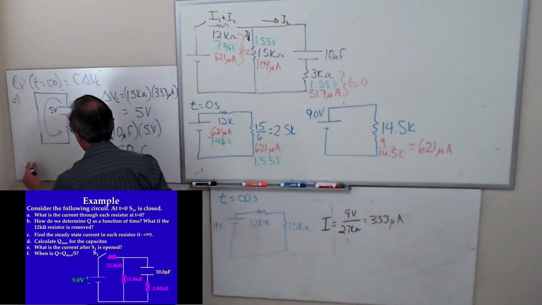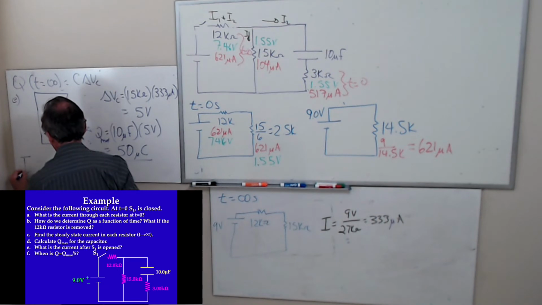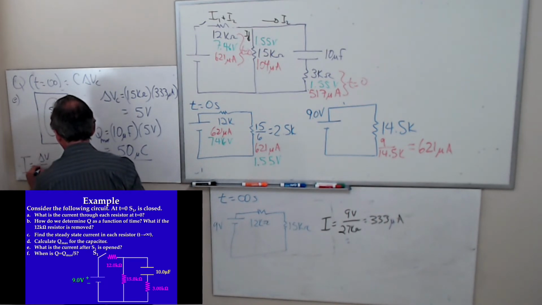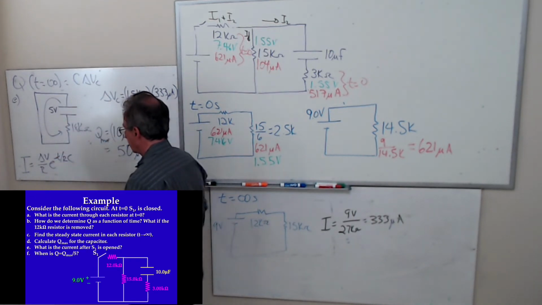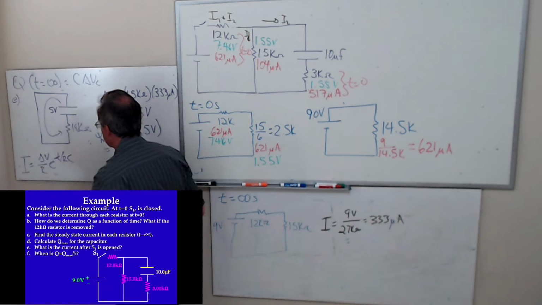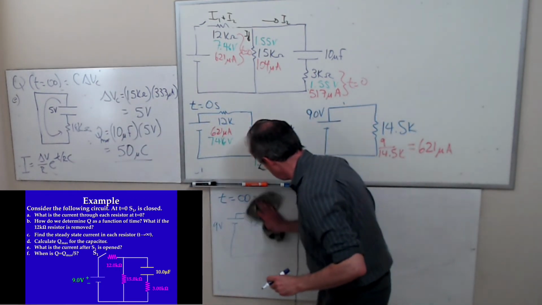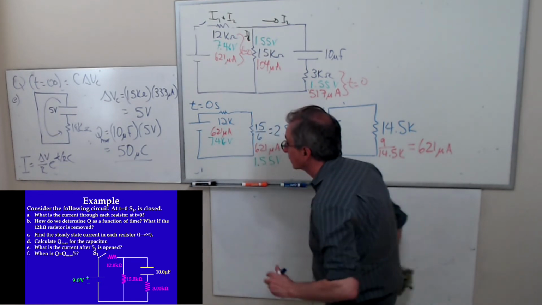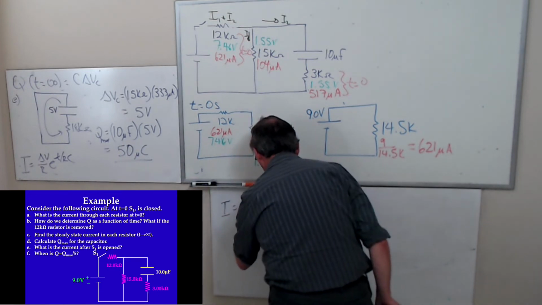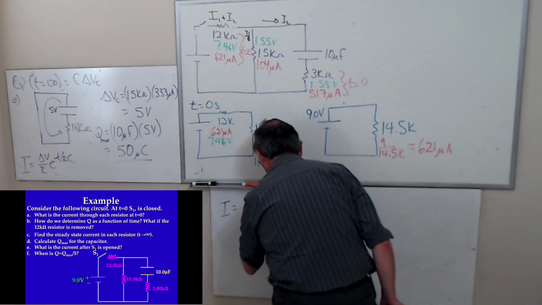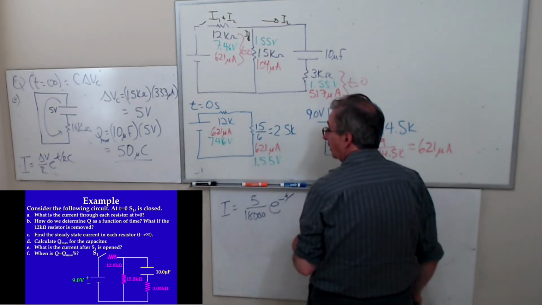And one of the equations we had for the capacitor is going to be this. Here it's the voltage across the capacitor, which is 5 volts. So I is going to be 5 over 18,000 e to the minus t over RC. Now R is 18.